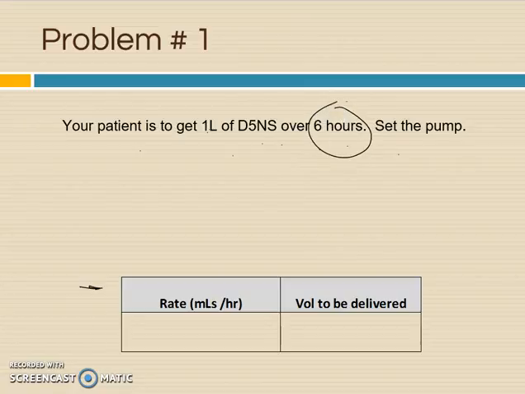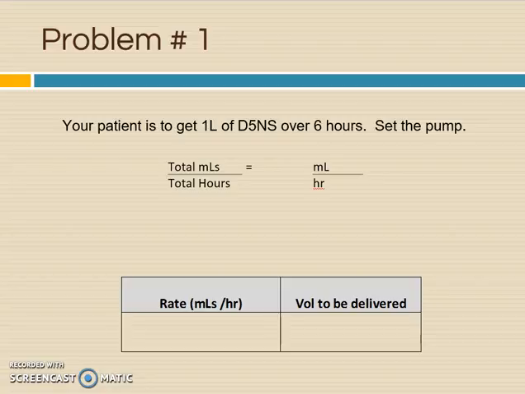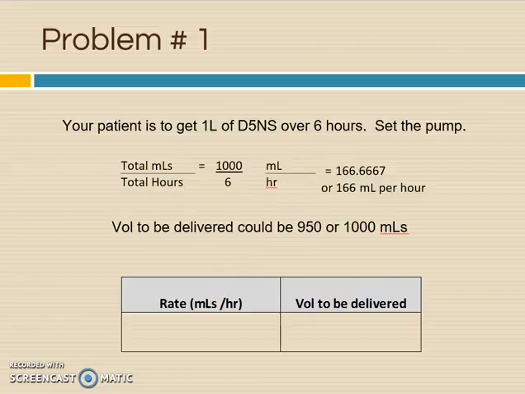We want it to be hours. So here we go. It's very simple. Total number of milliliters over total number of hours equals mils per hour, which is going to go in here. So what we have is 1,000 milliliters and 6 hours.